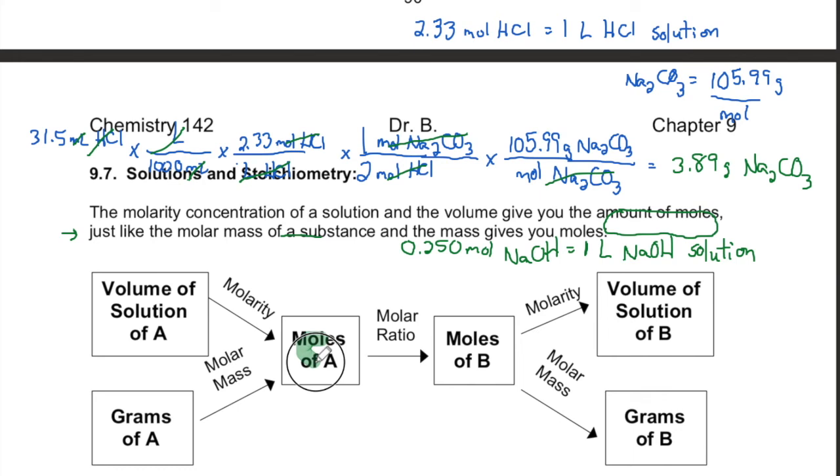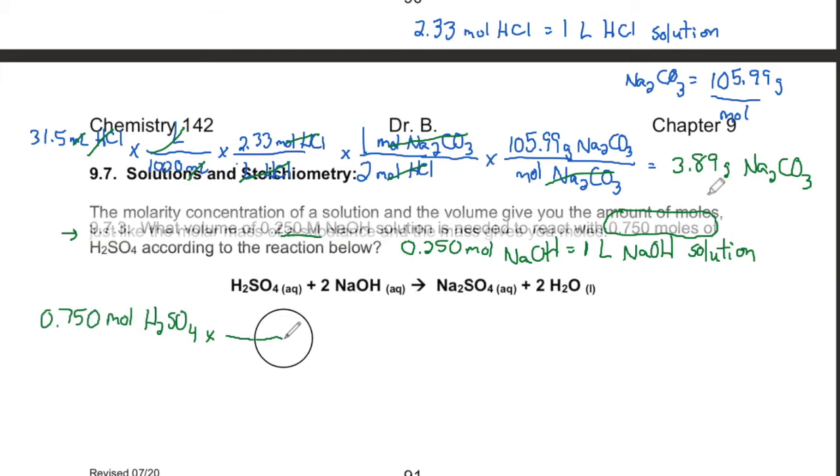So we're already starting out one step in. Instead of having to use the volume and the molarity to get to the moles, we are already starting at the moles. So all we have to do is use the coefficients to get to moles, and then the concentration of sodium hydroxide to get to the volume that we're looking for.